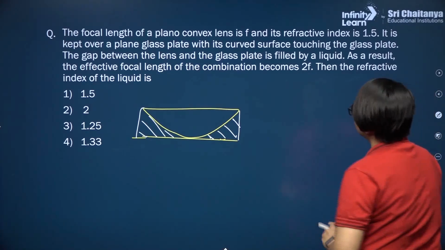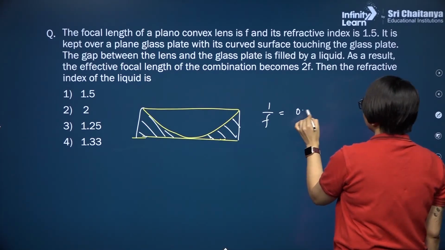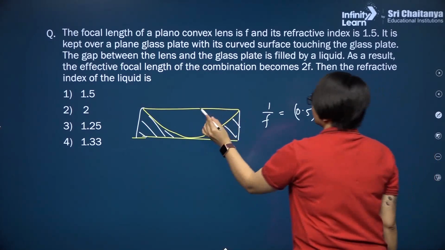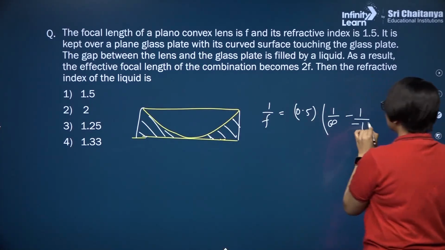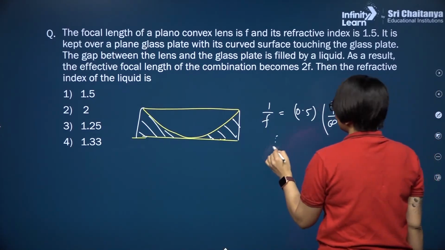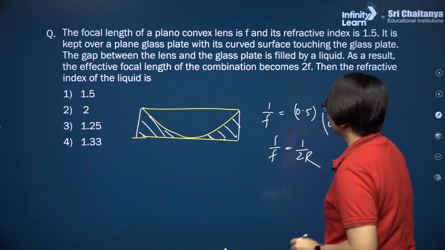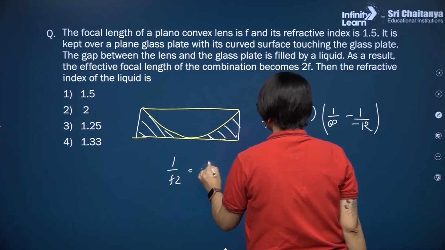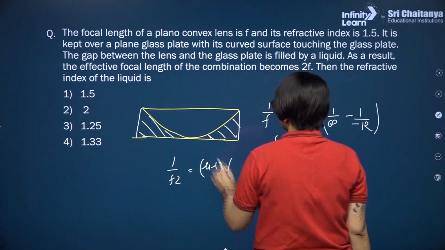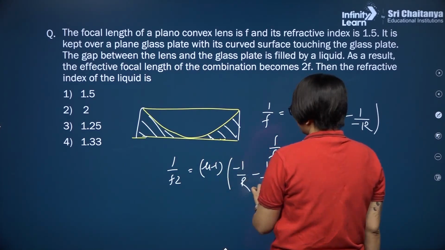So, over here for this one focal length is f. So, 1 upon f is mu minus 1, which is 0.5. 1 upon r1 is 1 upon infinity, minus 1 upon r2 is minus r. So, here 1 upon f is 1 upon 2r. Okay. Now, for this one, let us say focal length is f2. So, 1 upon f2 is mu minus 1 into 1 upon r1 is minus 1 upon r, minus 1 upon r2 is infinity.